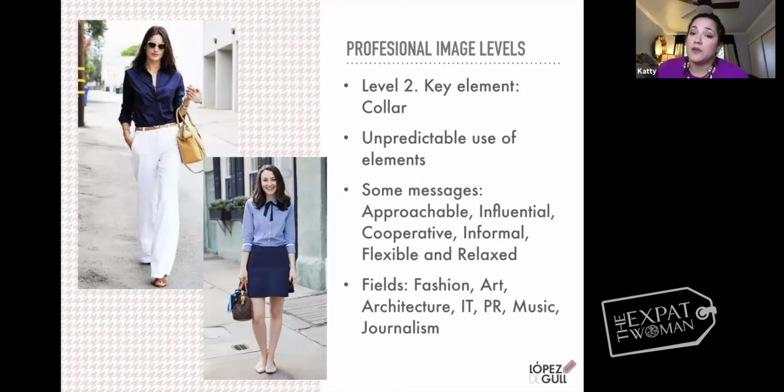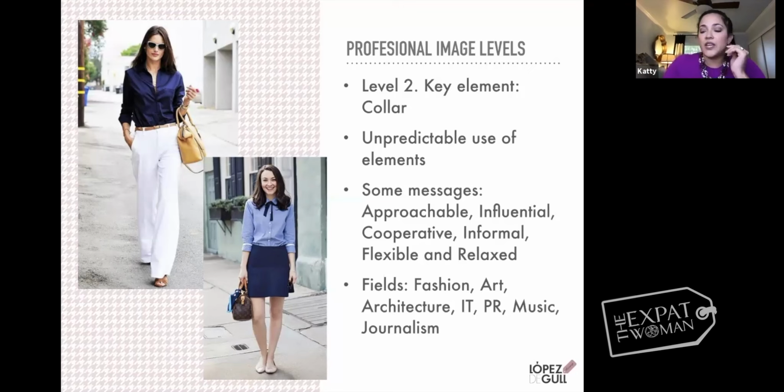Then the professional image in level 2, the key element here is color. So you need to wear a button-down shirt like this, that has color, of course, so you are appropriate at this level. This level is appropriate for fashion, arts, IT here in Silicon Valley, PR, music, journalism, and it is a level of professional dressing that uses elements or pieces in an unpredictable way.